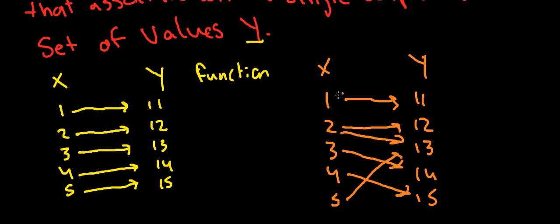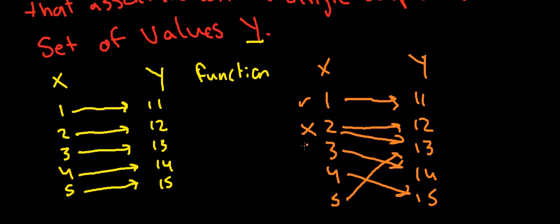If I put 1 into my equation, I get 11. That's fine, so one x, one y. If I put in 2, though, I get 12 and 13. Imagine you have an equation, you put in 2, and for your answer, you get 12 and 13. So you have something that's giving you more than one value. This is what's making it not a function.